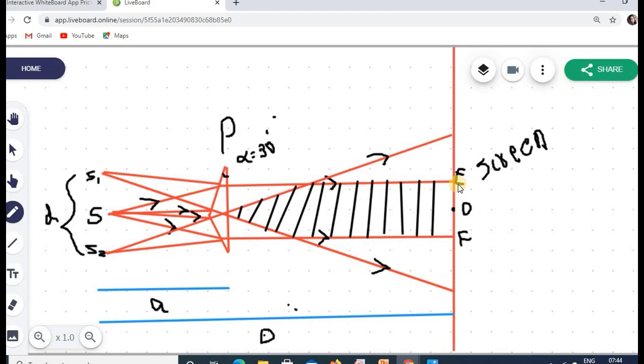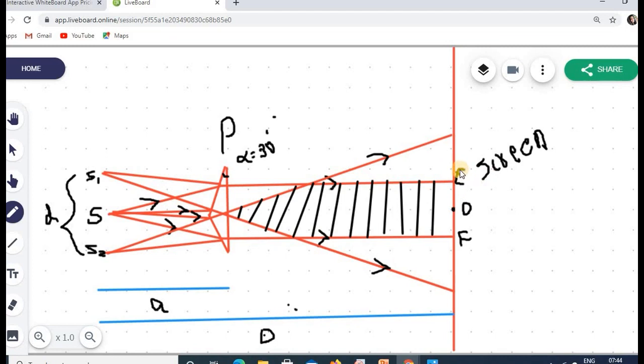Okay, and the light from the two virtual sources S1 and S2 derived from the same source S act as coherent sources, and they superimpose to obtain dark and bright interference fringes of equal width in the overlapping region EF.